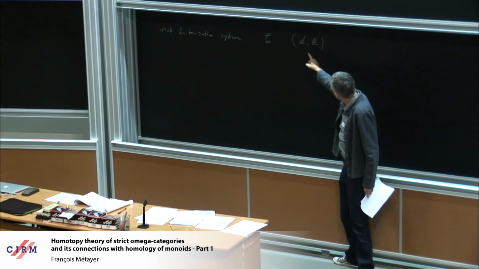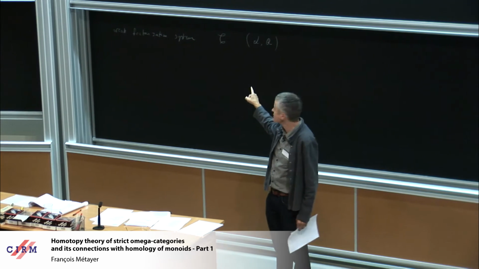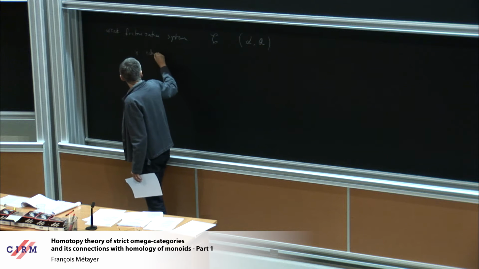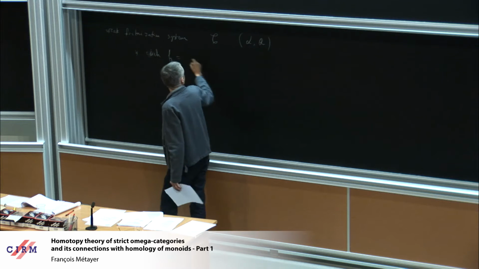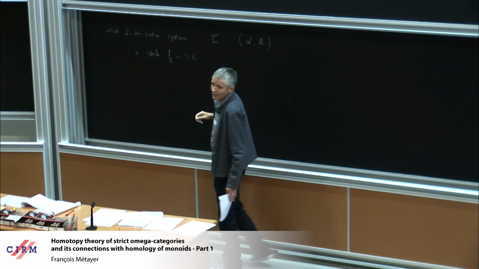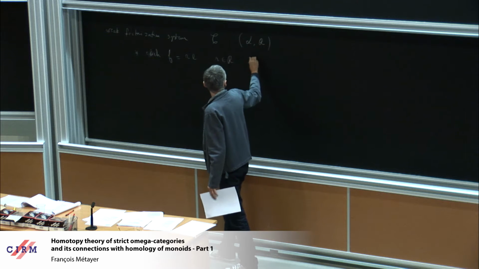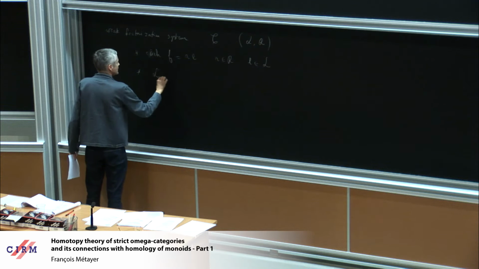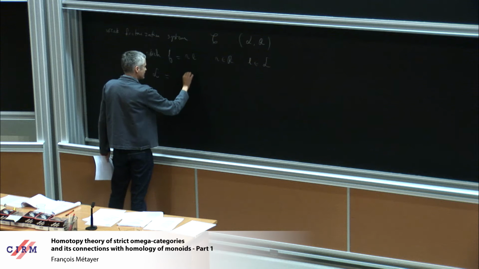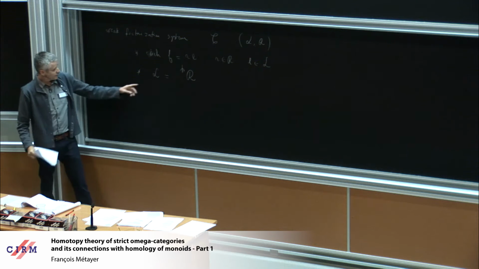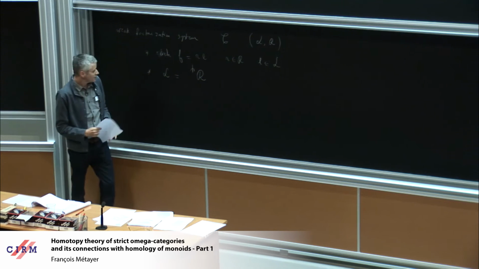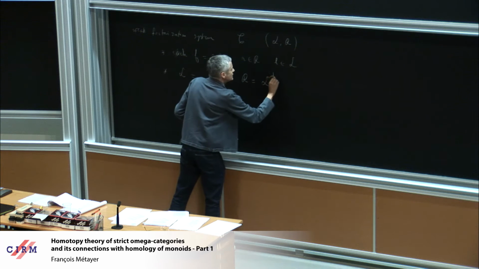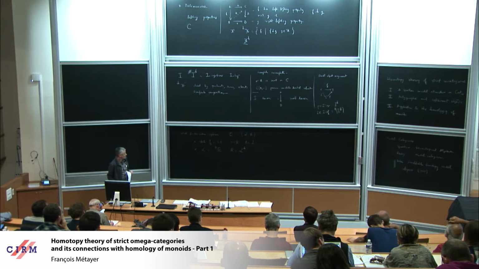We say that this pair is a weak factorization system for C if, first, every map F in C factors as R after L, with R in the right class and L in the left class, and L is exactly the class of maps having the left lifting property with respect to R, and R is dually this class of maps.